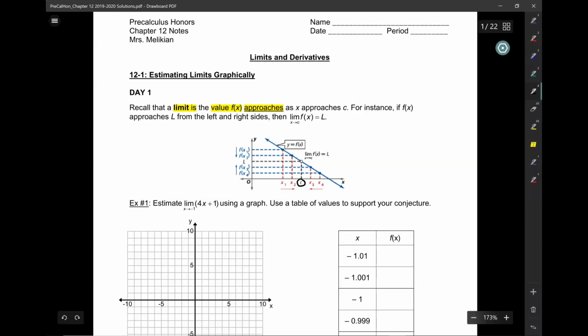So what we're going to do now is, suppose I'm right here. Okay, that's me. I'm going to be walking towards c from the left-hand side of c. And as I'm walking towards c, I want to keep my eye on the graph, and I want to sort of record what the graph is doing, how it's behaving.